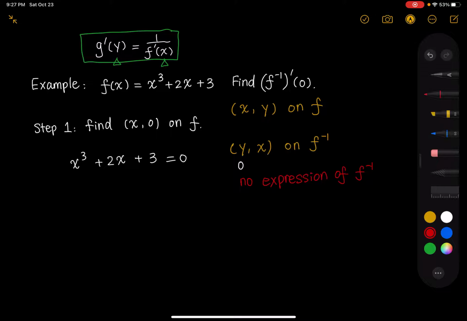So in that case, we need to find that x. And how do we find that x? We need to go back to what we learned from college algebra. We need to factor in order to solve for anything. Because anything greater than second degree, you do not have the quadratic formula anymore. There's no formula. So the only thing you can have is factoring.